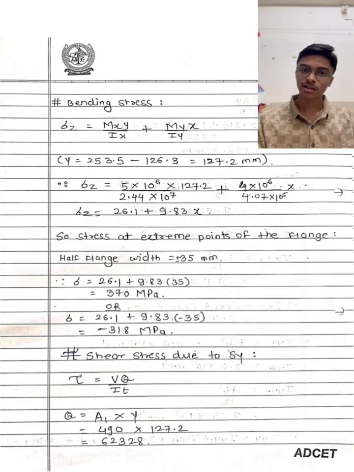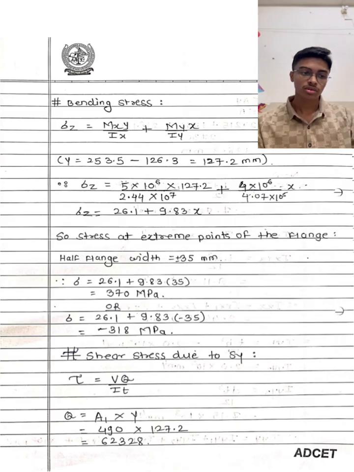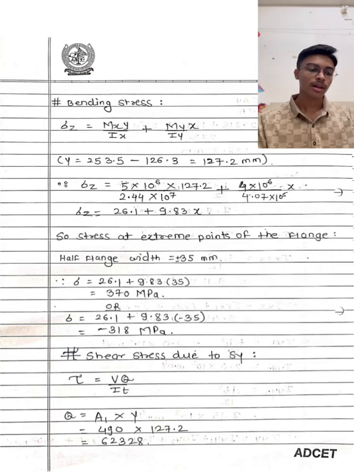For plus 35 it will be 370 MPa positive, and for minus 35 it will be 318 MPa negative.